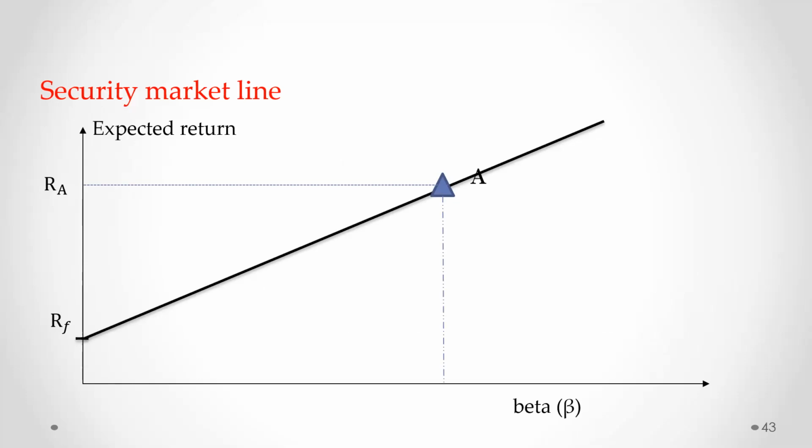But if mispricing happens in the market, let's assume that A's expected return is equal to RA prime. If this is the case, this means that A is underpriced.